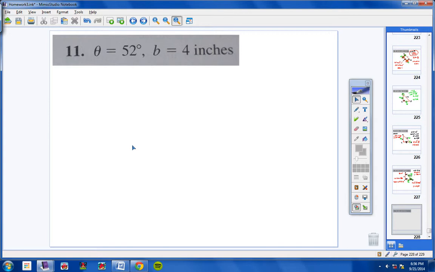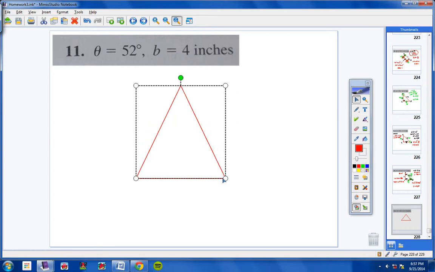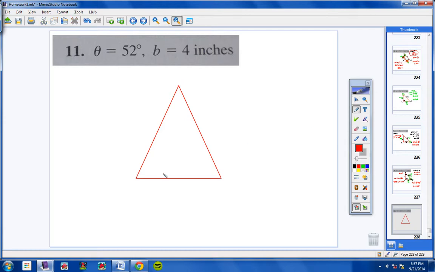Numbers 11 and 13 tell you to find the altitude of the isosceles triangle and to round your answer to 2 decimal places. So this should be pretty simple, students. Here's your isosceles triangle right here. Alright, so this angle here is congruent to this angle here.